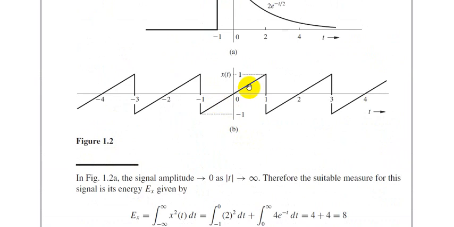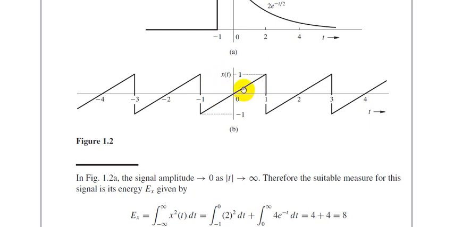Now look at the function of this signal. You can see this is a straight line going through the origin, so we can find the equation of this signal, which will appear as x of t equals t.